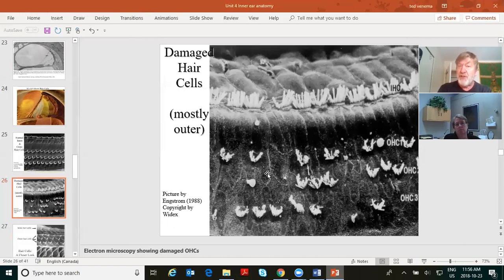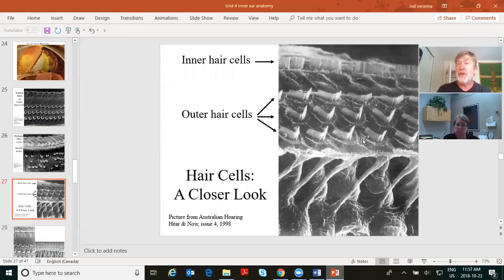And the damage to these hair cells will be confined mostly to the base of the cochlea, where the treble frequencies are represented. And so people with sensory neural loss who've hit 65 and they're having trouble hearing their grandkids, they've got this inside their cochleas. And this damage to the outer hair cells is, again, mostly at the wide base of the cochlea.